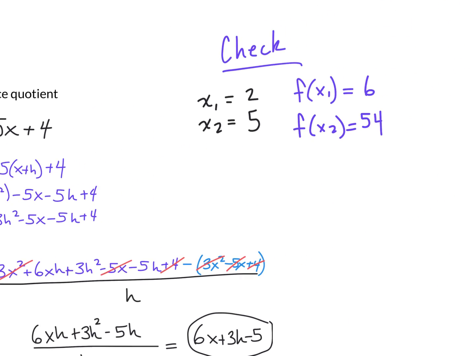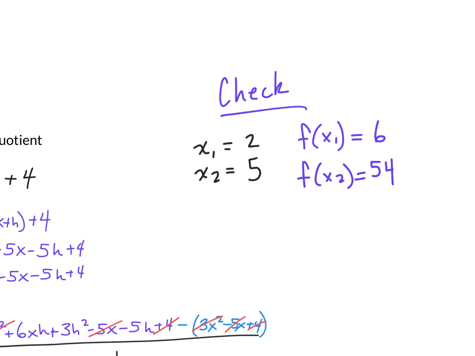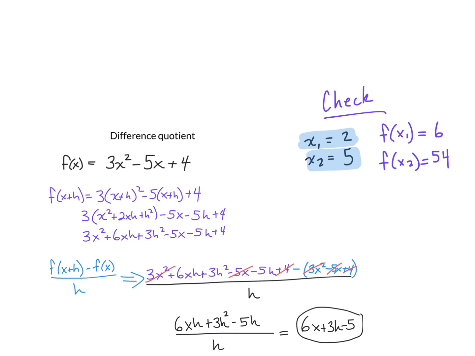Let's check our work to see if this makes sense. Let's say we had two x values. I chose 2 and 5, and I plugged those values in to find my f of x1 and f of x2. I plugged 2 into my original formula, and I plugged 5 in, and I got these values.